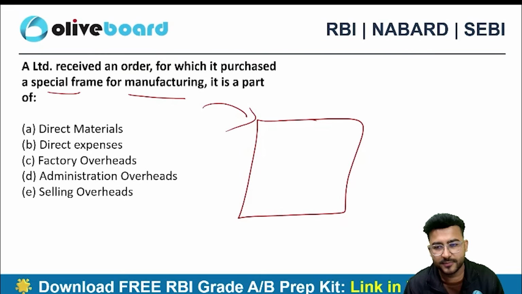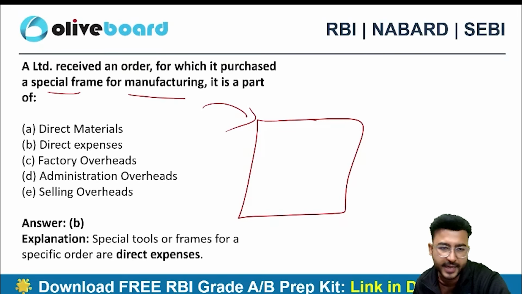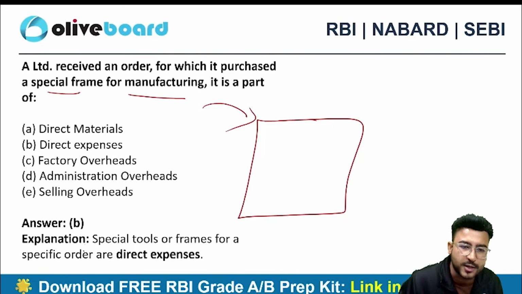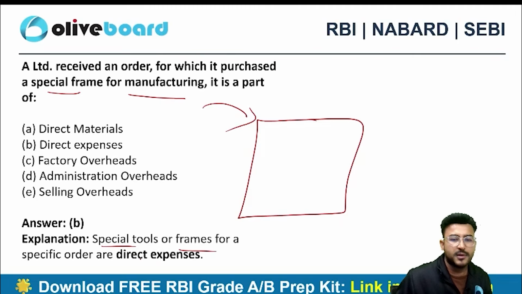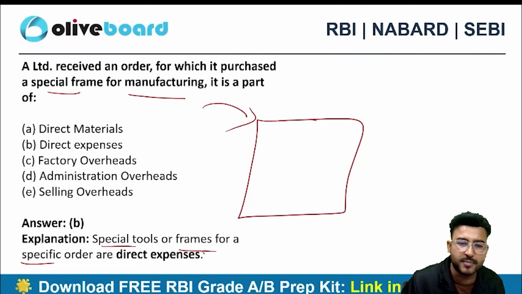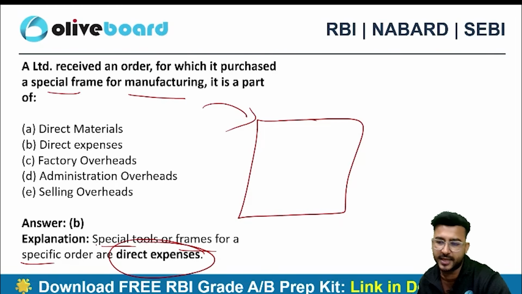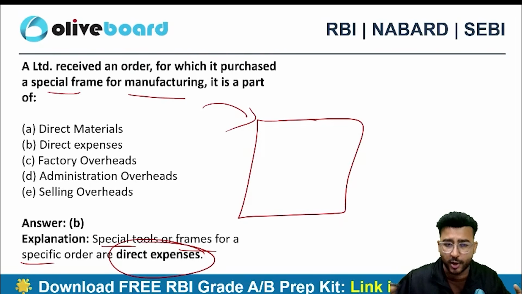Without this, I won't be able to manufacture this product. Is this frame incorporated in the product itself? No. But this frame is required to facilitate the same. It will be a part of your direct expenses. Special tools or frames for special orders are nothing but direct expenses, because this is a special order.